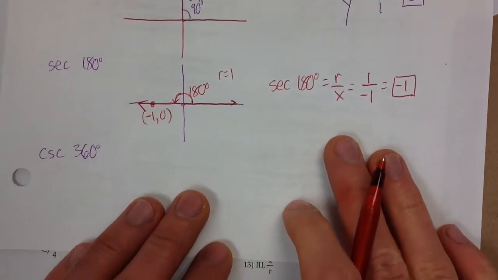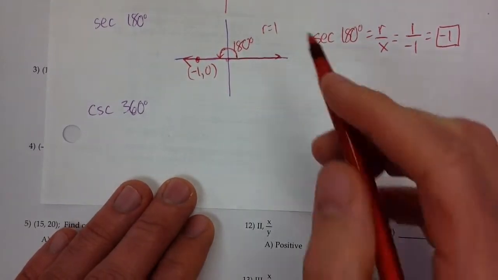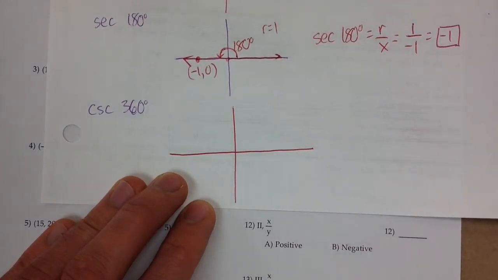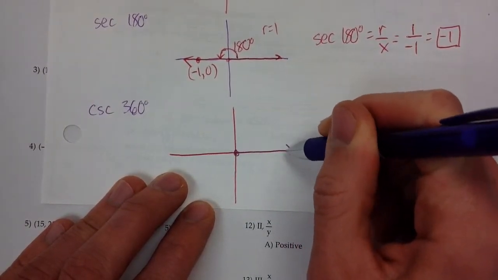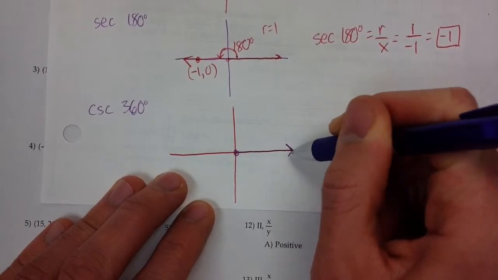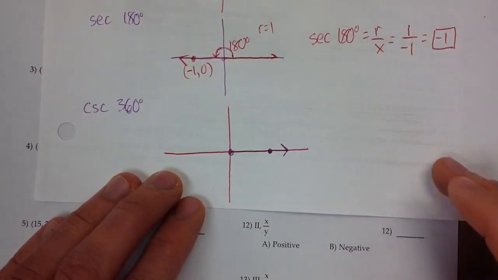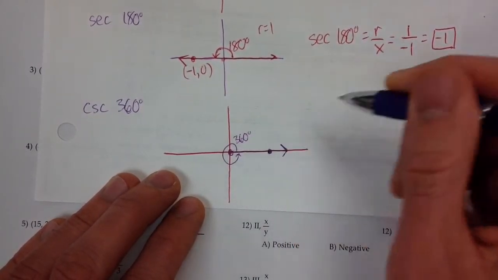And Max, cosecant 360. Guide me through that one, please. The terminal side is just on the x-axis. Which direction? Yep. Terminal side, which is what matters here, is pointing to the right. Okay. Good. Continue. And it's r over y. Good.